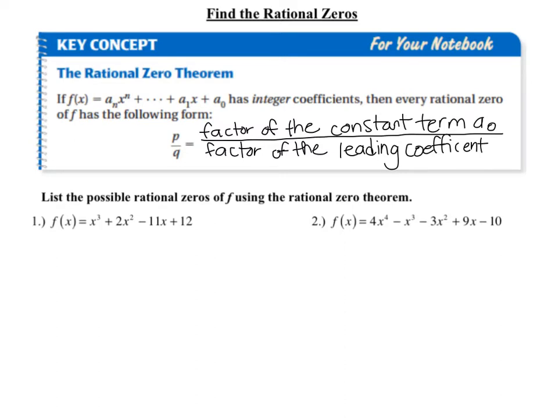Which in this example is a sub n. So we take each factor of the constant and divide it by each factor of the leading coefficient. And that will give us all of the possible zeros of the function.